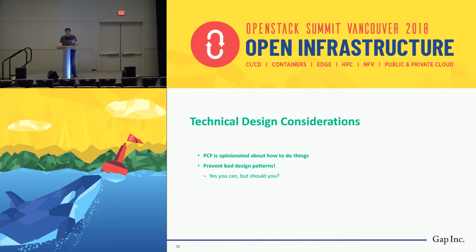So we needed to prevent bad design patterns, right? From the developers, we had to always ask, yeah, you can do that, but should you? Let's think about that, right? As an example, developers wanted to use persistent NFS stores, right, inside of Cloud Foundry. And it's not a good design. We don't want to store anything inside of Cloud Foundry, especially if it's spread out, we also didn't want session persistence.